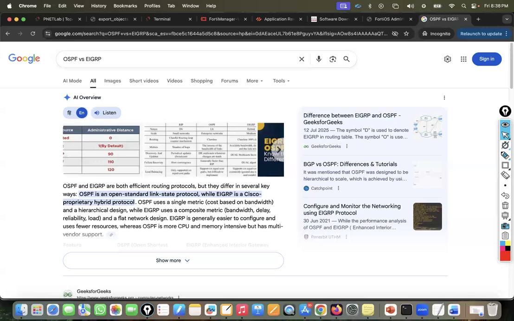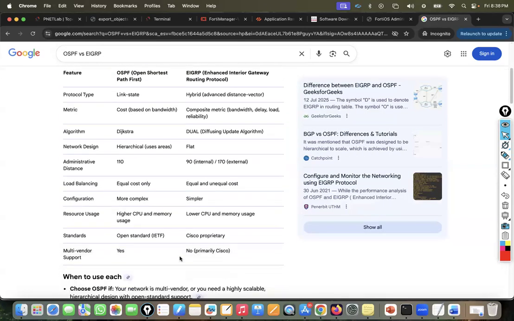Convergence is fast in both scenarios. EIGRP uses the DUAL algorithm, while OSPF uses the SPF algorithm. EIGRP uses an AS number, and OSPF uses areas.